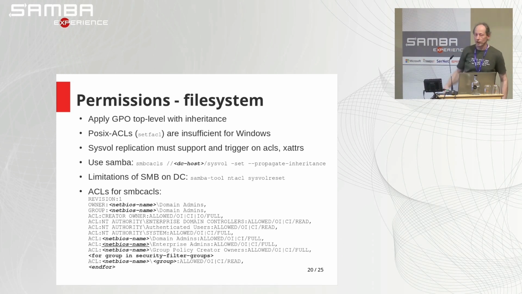But it will also set xattrs. So your application must be able to replicate xattrs as well. And most applications don't trigger on changes on ACLs or xattr only. So in order to trigger your application, you have to do a touch or something of your file, and then it will replicate.